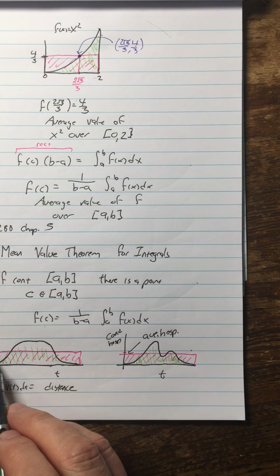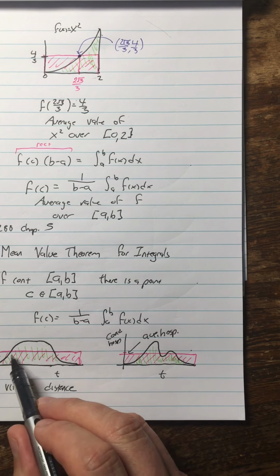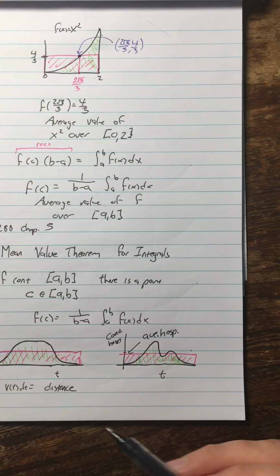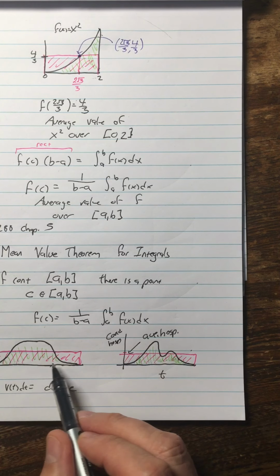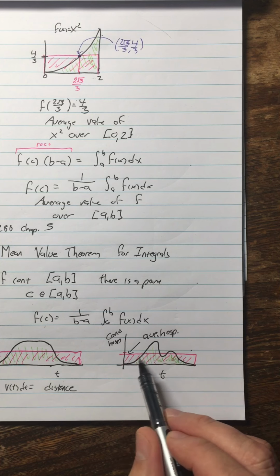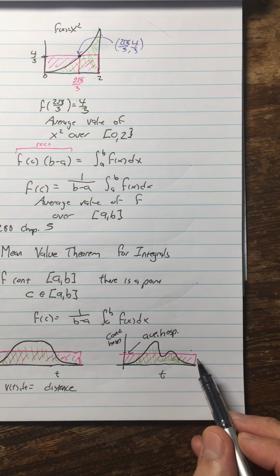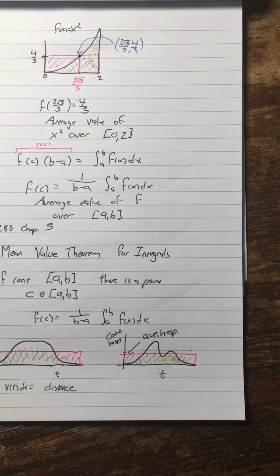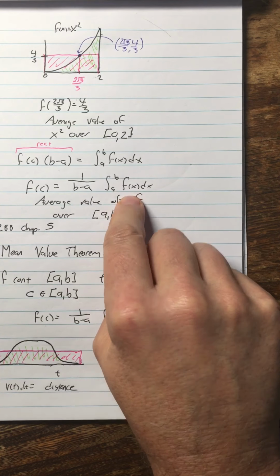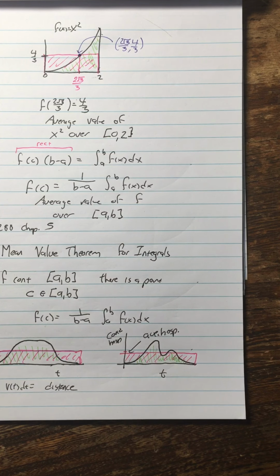In this case, I called it average velocity because the function is velocity. So if my function is velocity, then the average value of that function is an average velocity. If my function represents COVID hospitalizations, then my average value is the average number of people who are in the hospital. All right, so that's the value of average value. It's a valuable thing to be able to do in and of itself if you knew how to get that. But we don't yet, but we're about to.